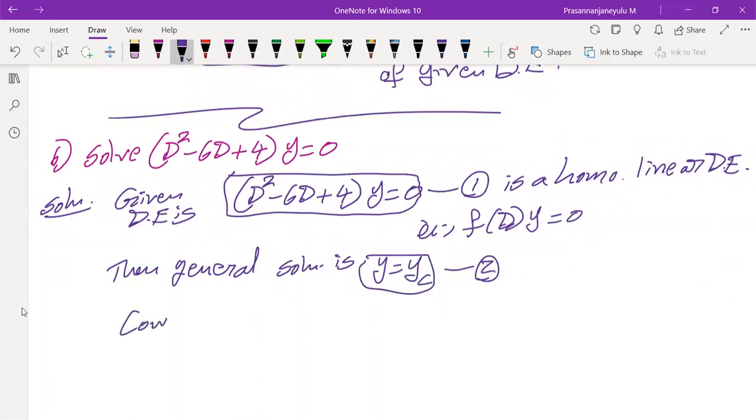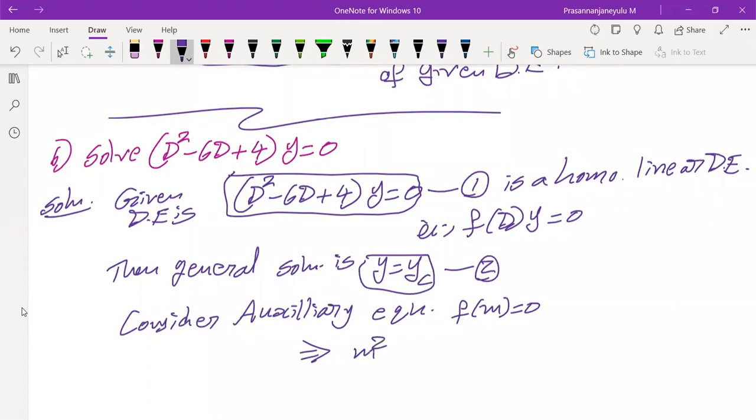Now consider the auxiliary equation. What is the auxiliary equation? F of m equals 0. What is the f of m value we get here? m square minus 6m plus 4 equals 0. That implies, what is the value of m?